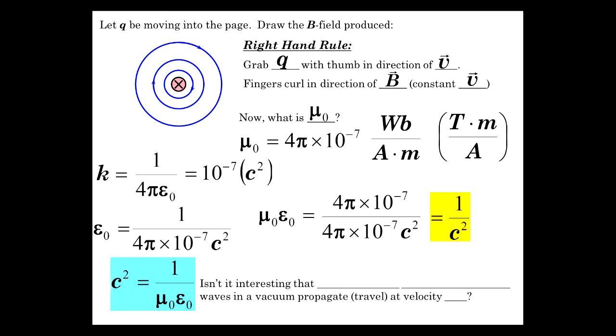Namely, the speed of light squared is 1 over mu 0 epsilon 0. Now that's pretty awesome and interesting, especially considering that electromagnetic waves, associated with permittivity and permeability, in a vacuum propagate, travel, move through the vacuum of space at velocity c.